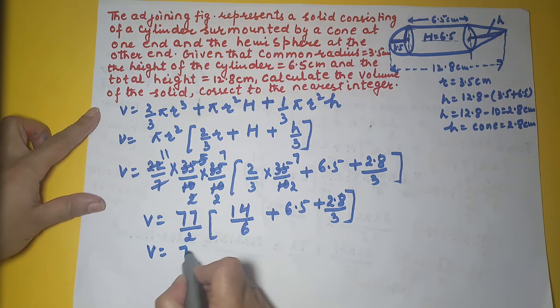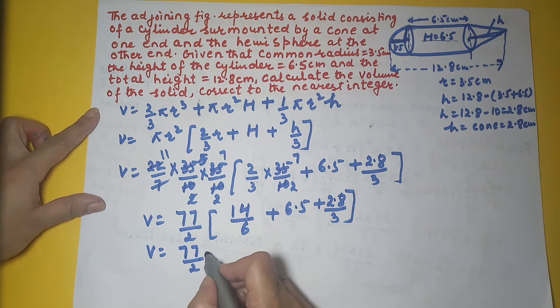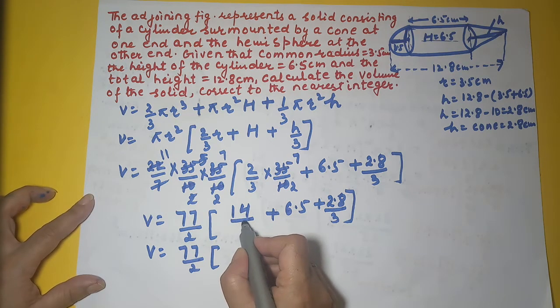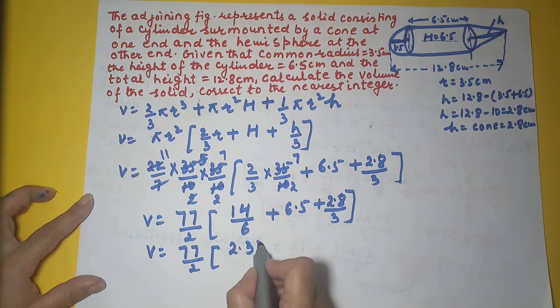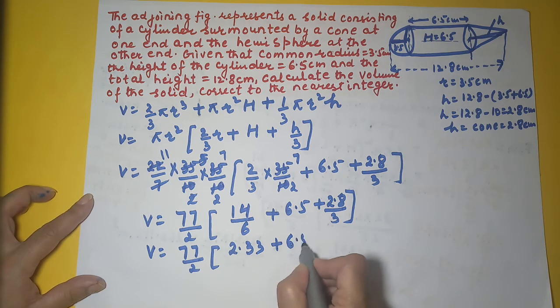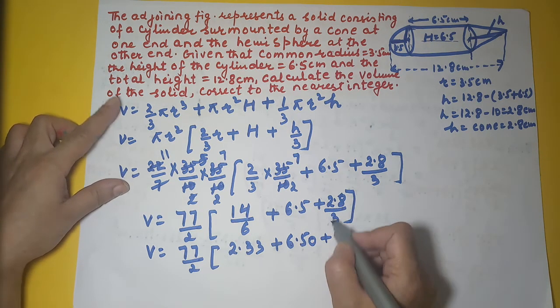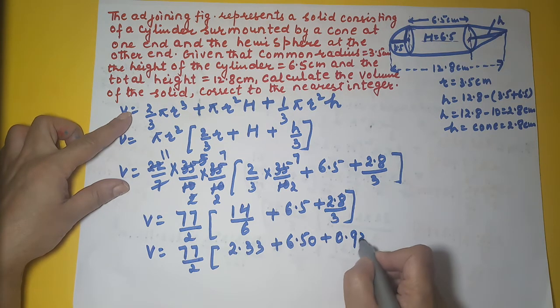So this will be 77 upon 2. 14 divided by 6 is 2.33 plus 6.50 plus 2.8 divided by 3 is 0.93.